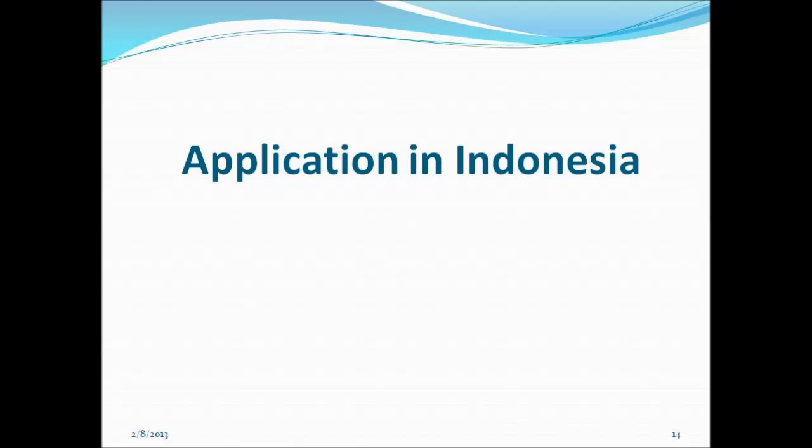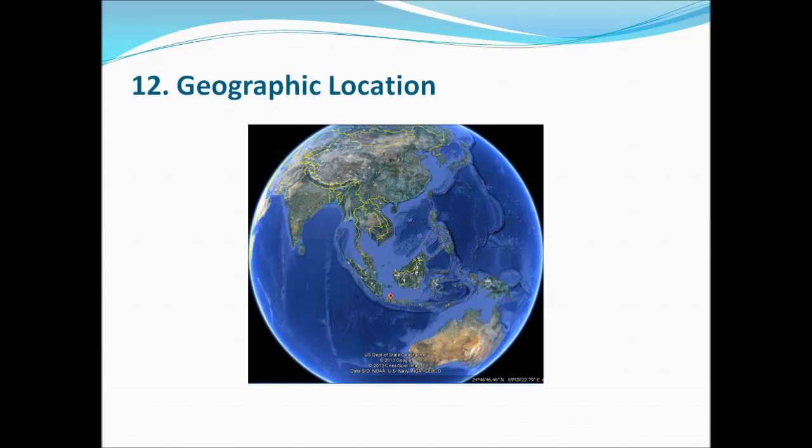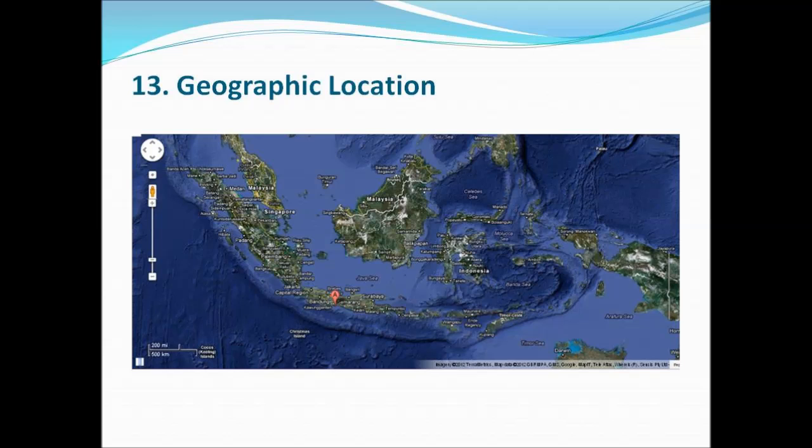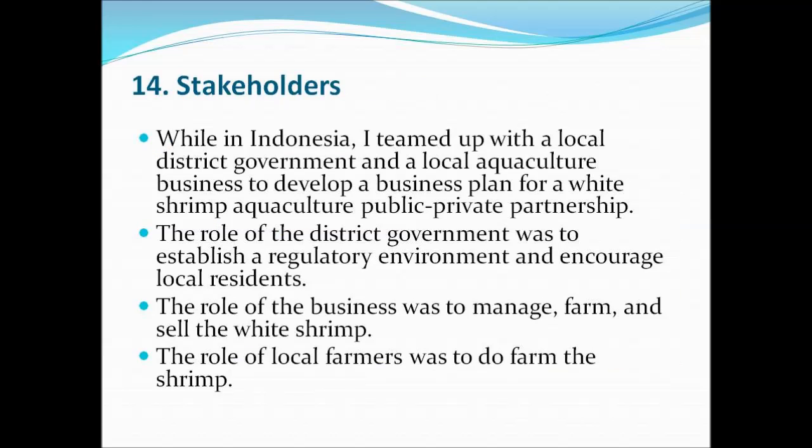So that was one of the primary objectives of this plan, to balance the mangrove ecosystem with white shrimp aquaculture management. Okay. So in this case, I developed a business proposal plan to get some funding.